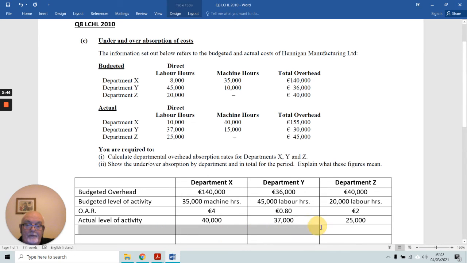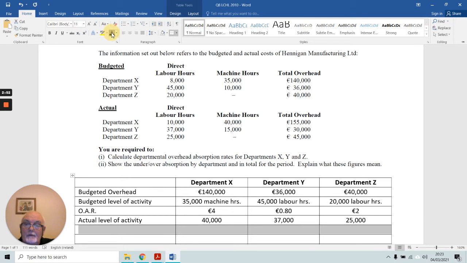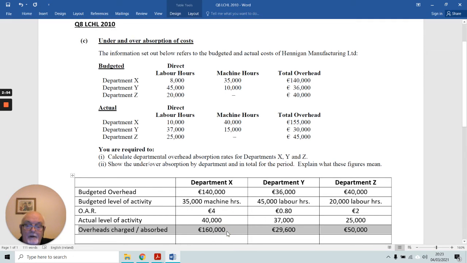So the overheads actually recovered, the overheads charged for, in X is 160,000, in Y 29,600, and in Z 50,000. Again, just for example, in Department X, we've worked 40,000 hours in actual fact, and we've charged €4 per hour, so that's 160,000.